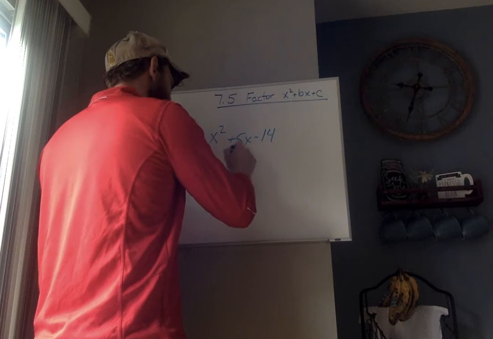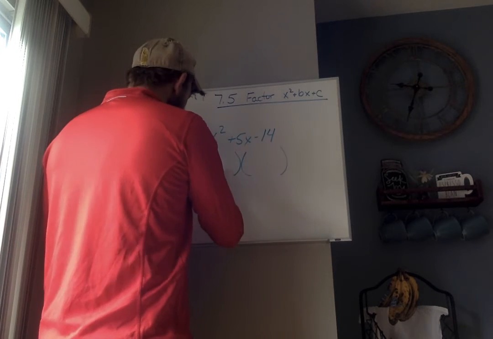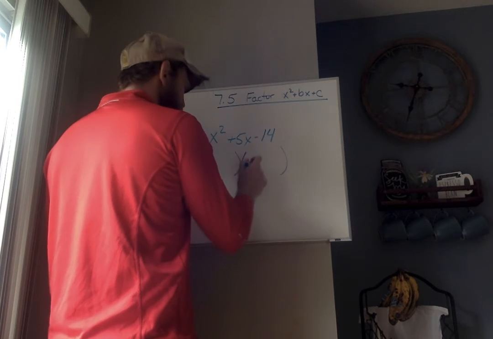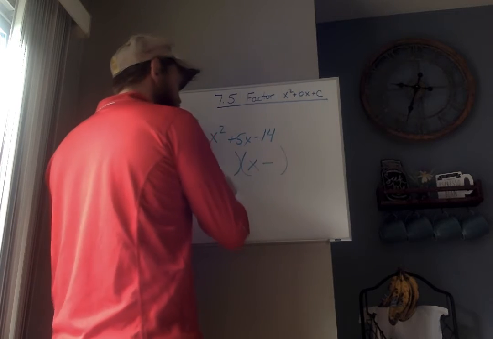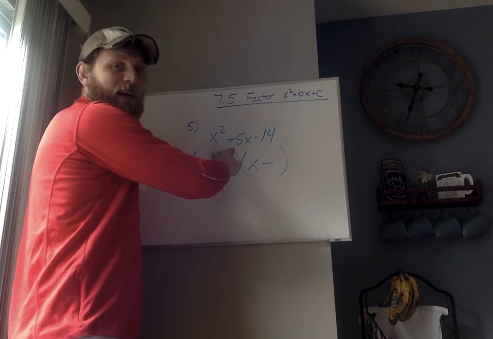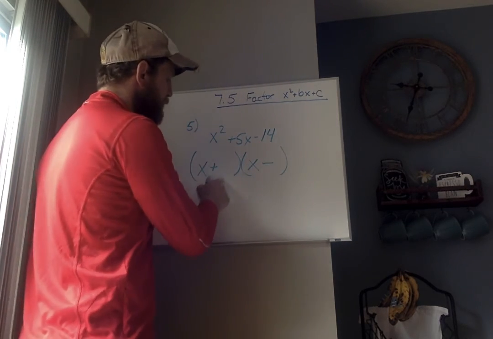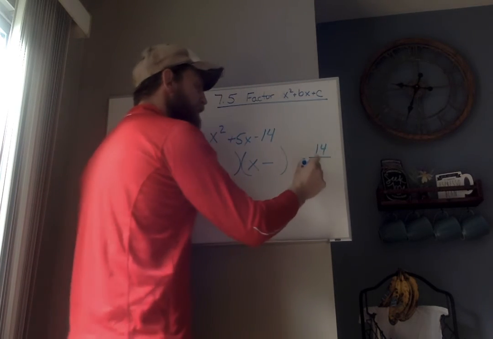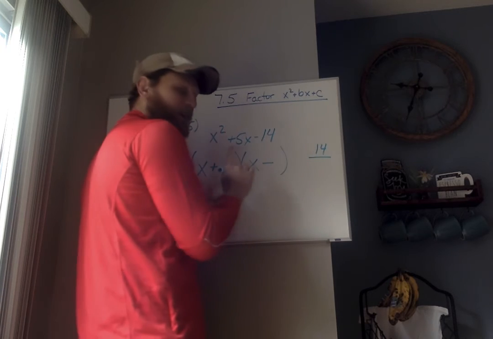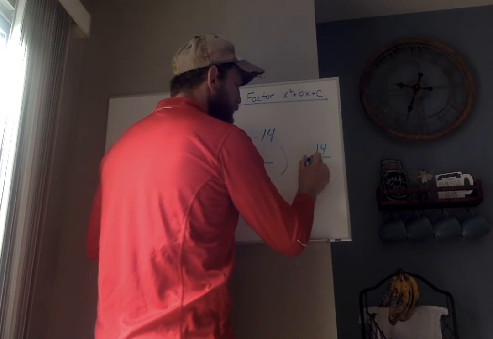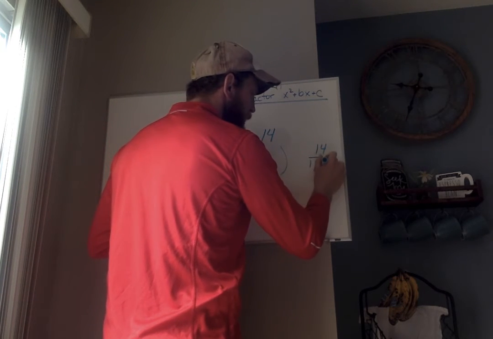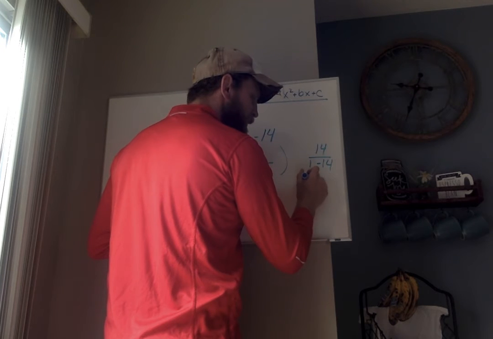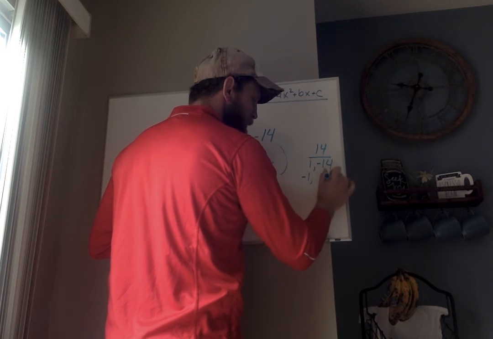All right, because this is negative, we know it's going to be x plus a number and x minus a number. I also know that the bigger number has to be with a positive because that's positive right there. So let's break down 14. 14 could be, well, let's think about it because we're going to have pluses and minuses here. You could have a positive 1 and a minus 14, or you could have a minus 1 and a positive 14.